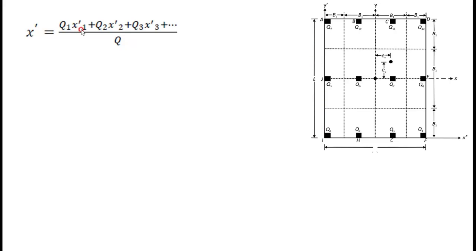This Q1 x1 bar means Q1 will be here and x1 is this one, Q2 will be here and x2 bar is this one, Q3 is here, x3 bar is this, Q4 is here, x4 bar is this one. Like that you substitute for all and divide by Q, and you will get x bar. Like that for y bar: this is y1 bar, this is y2 bar, this is y3 bar, and so on.